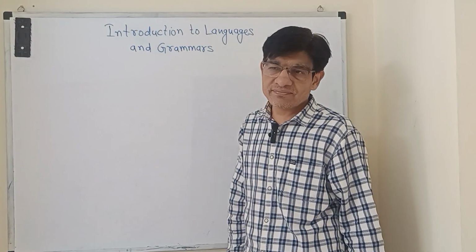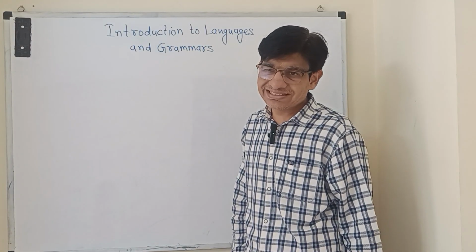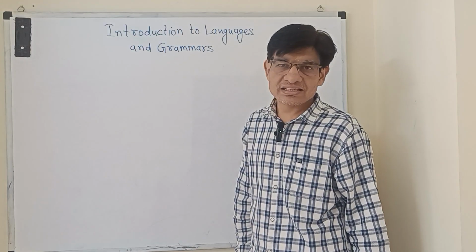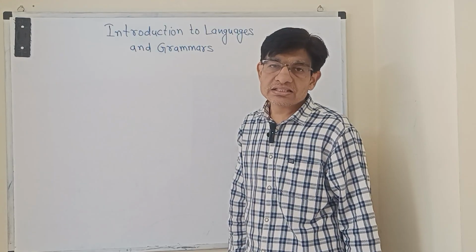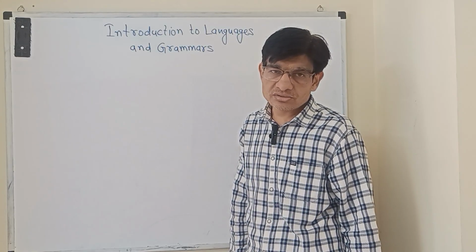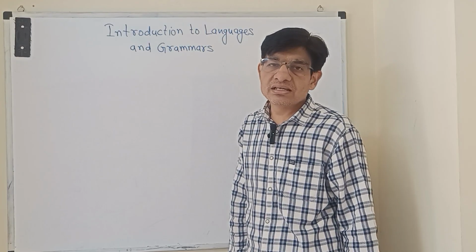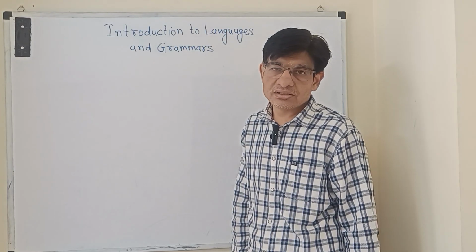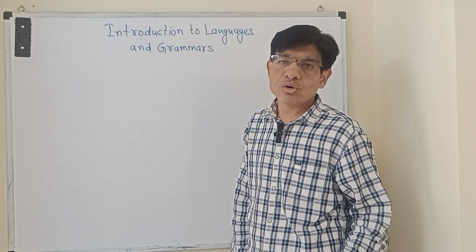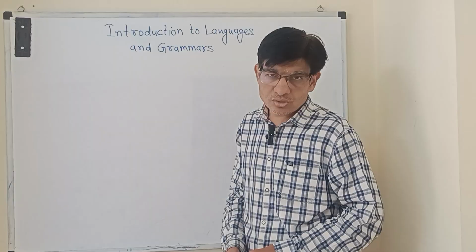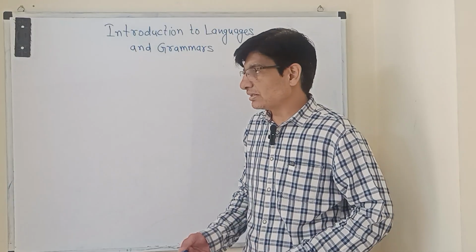As you know, friends, if I ask you to define language, then you can define it as a medium of communication. Now, if I ask you to define computer languages, then computer languages are different from human languages. In human languages, you can include all local languages and regional languages.